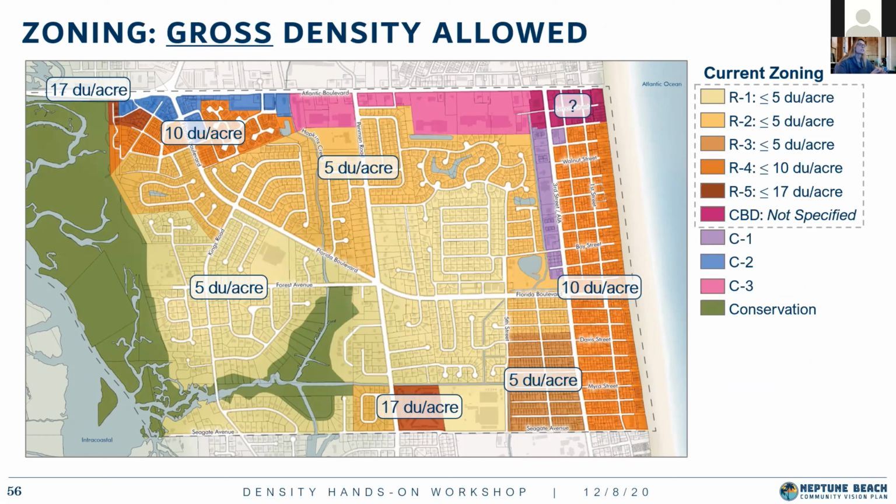But you'll see that R1, R2, and R3 all have the same density maximum of 5 dwelling units to the gross acre. So that complies and responds directly to what's in your future land use map that I just showed. And so here you have R1 through R5, R5 being that high density that we saw on the previous map, with the maximum being 17 dwelling units to the gross acre.